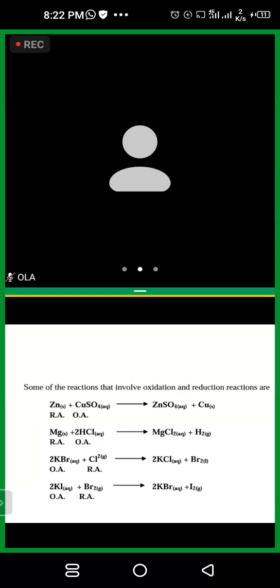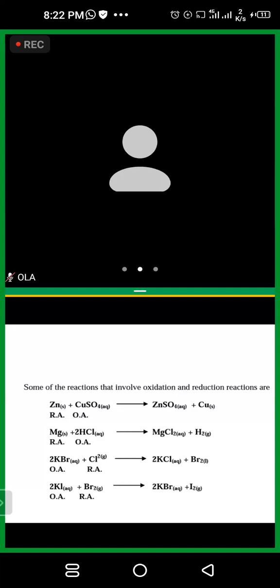Oxygen has now been added to zinc. That means zinc has been oxidized. But because it has been oxidized, it was a reducing agent before. Now, what about the CuSO4? The CuSO4 was the one carrying the oxygen. Now, it loses that SO4 and is standing on its own. So it has been reduced. However, it is an oxidizing agent.